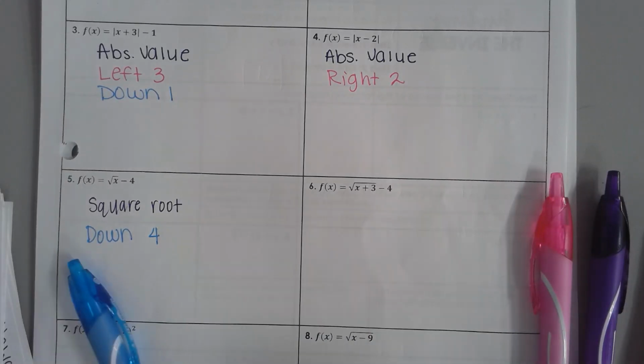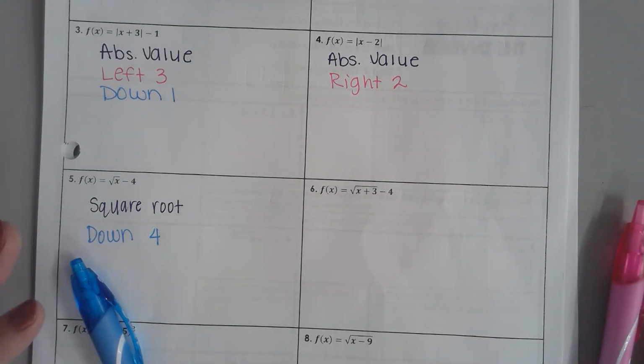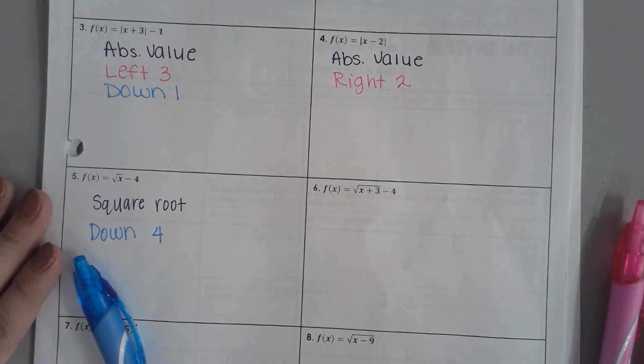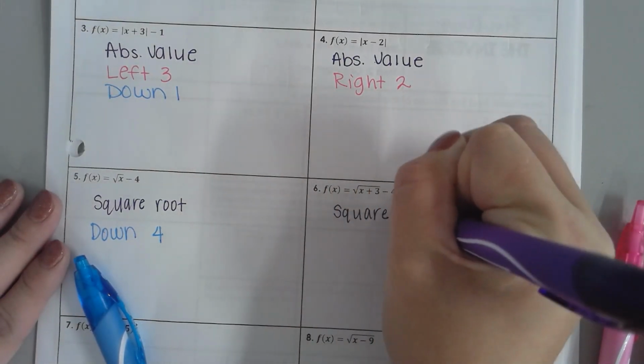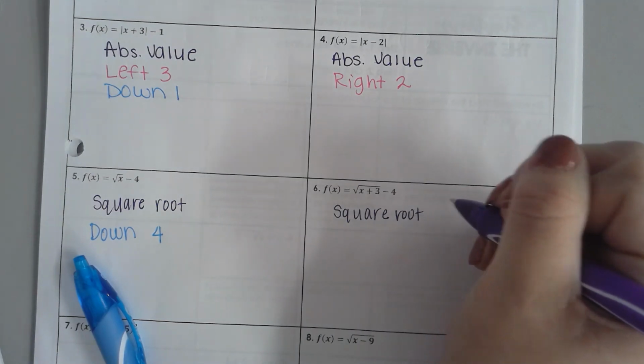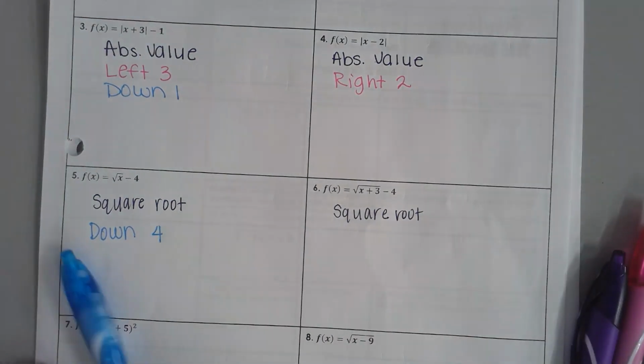Try number 6. All right, Braden, what type of function is this? Square root. Square root, perfect. Ella, what's one way that it moves?